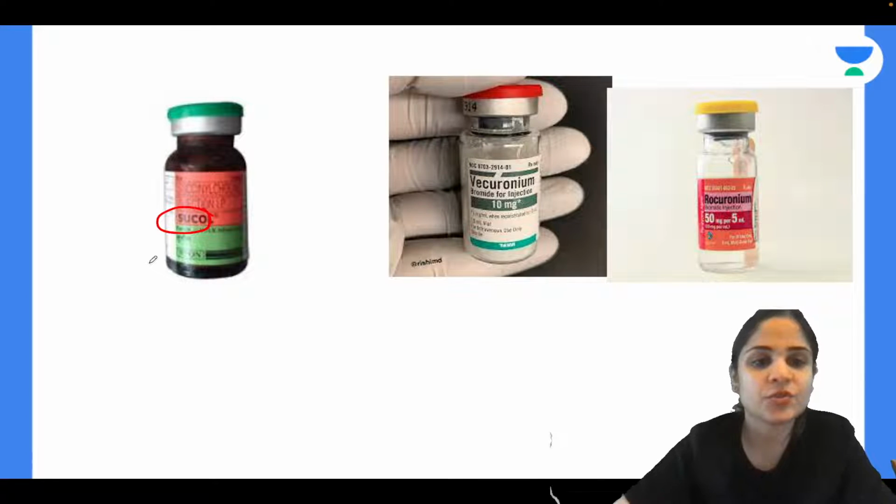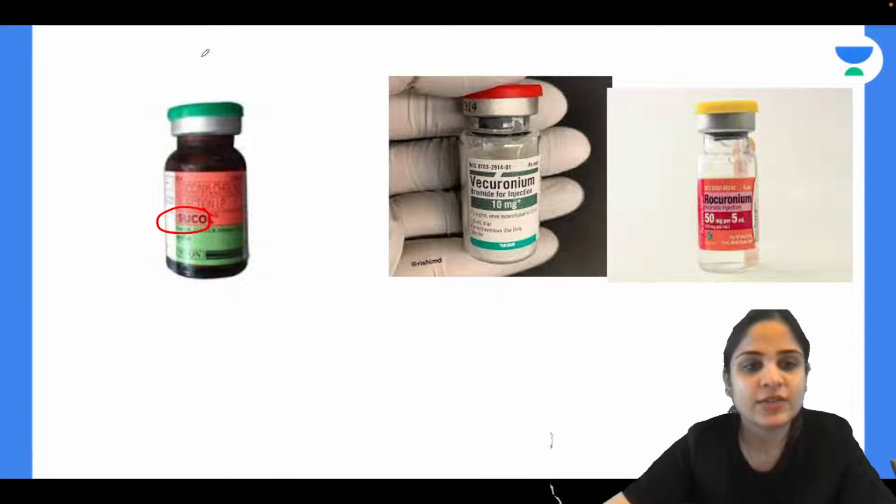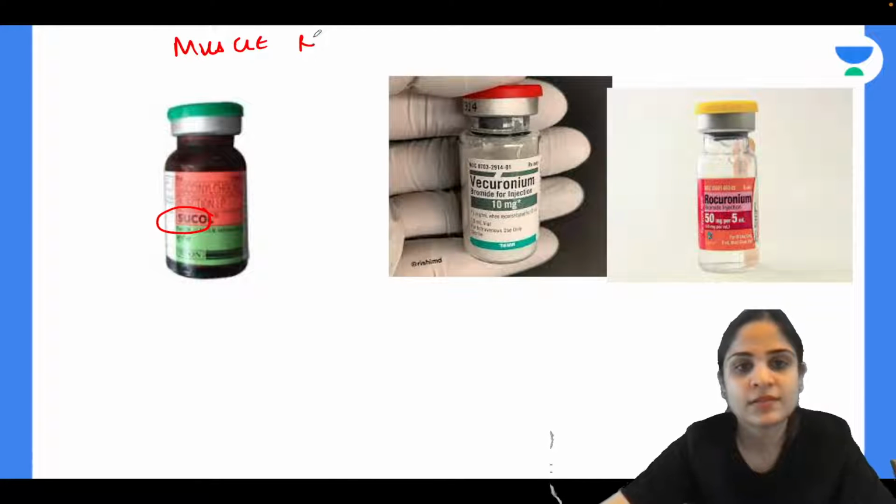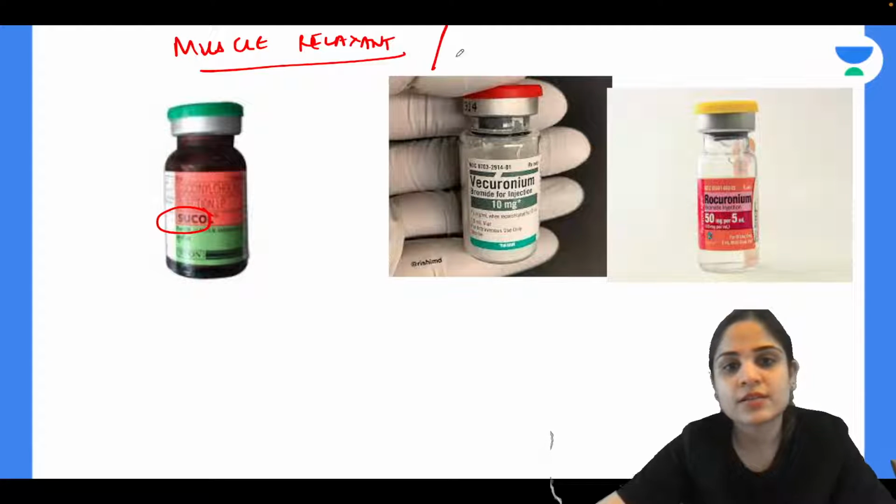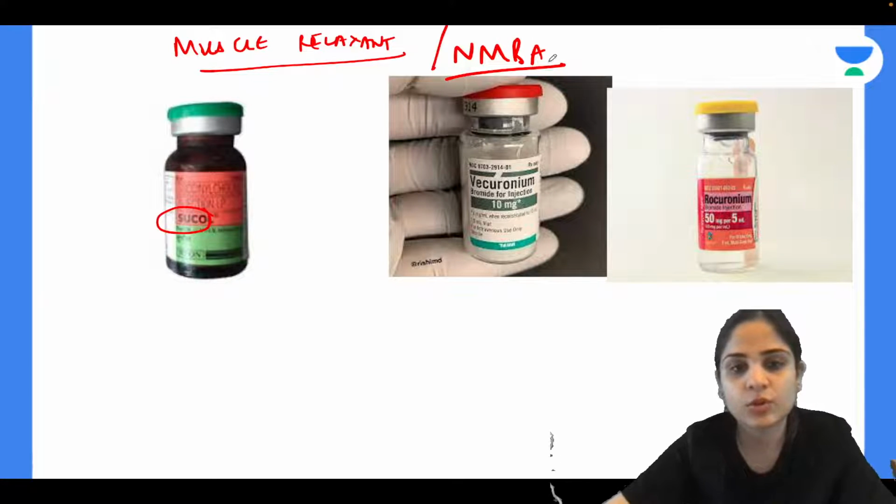What is it used for? Yes, very good Anu. So these are nothing but muscle relaxants, or they are also called neuromuscular blocking agents, NMBAs.